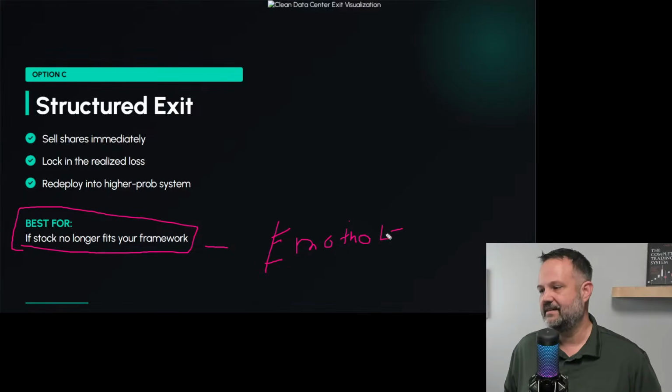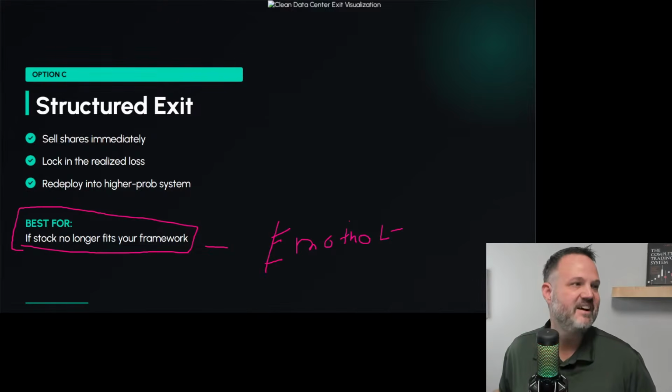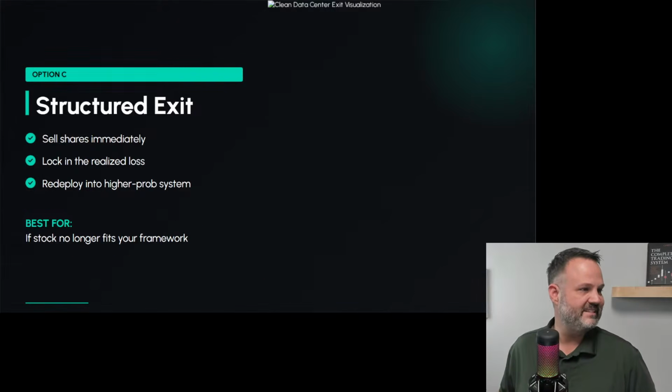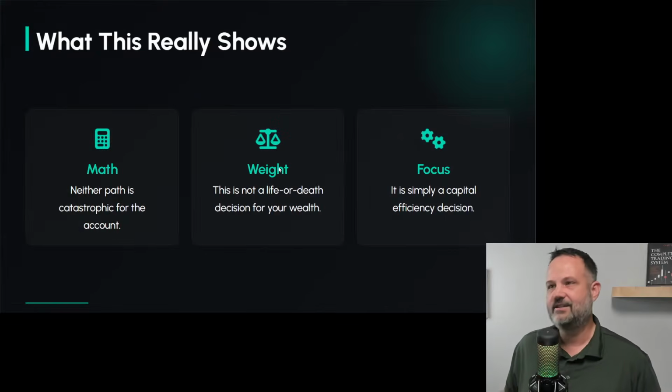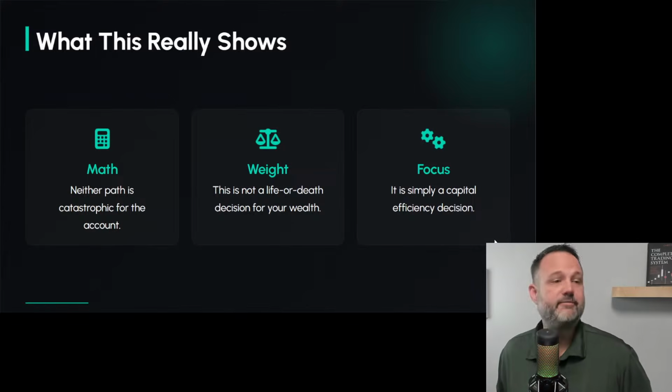But no emotionally compromised people here. We're not emotionally compromised. Okay. So again, if it doesn't fit your framework or if you're emotionally compromised, right? So what this really shows is that we're running math. It's not life or death. It's not catastrophic. It's simply a capital efficiency decision.